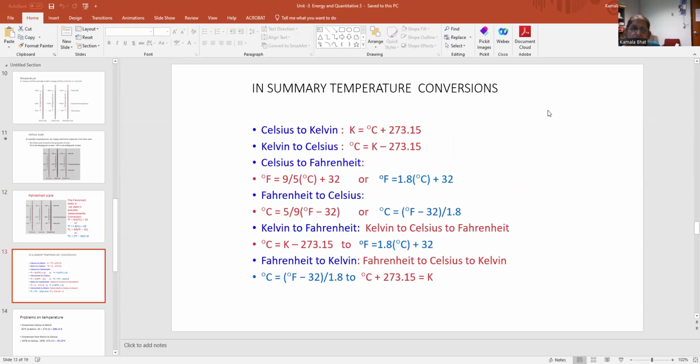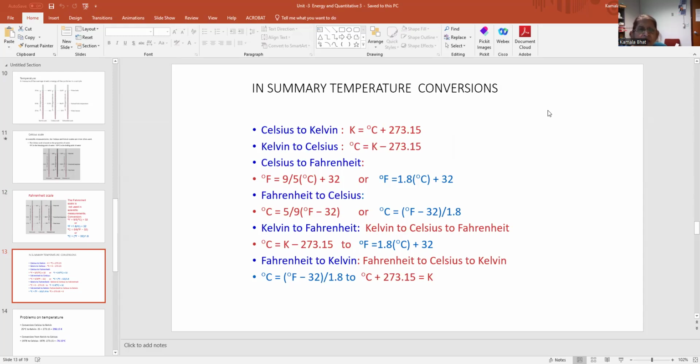So here is a brief summary of the conversion from one unit to the other for different temperature scales. First one, Celsius to Kelvin, all you do is add 273.15. Even though we added 273 at the beginning, 273.15 is much more accurate.